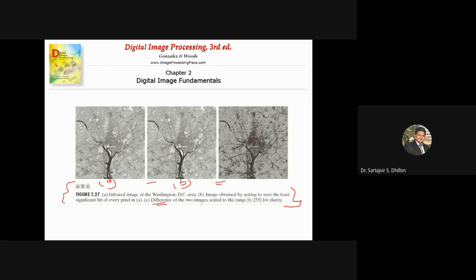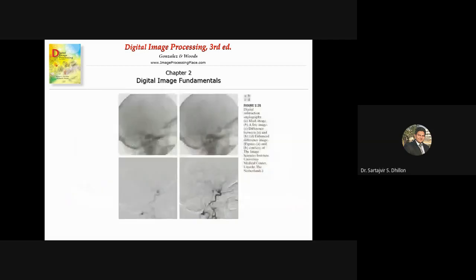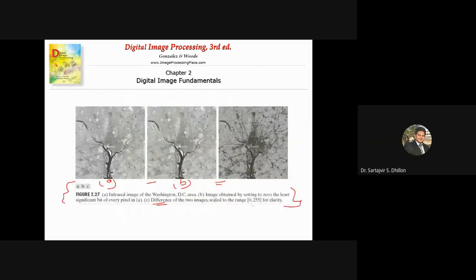In this difference operation, we got an 8-bit output, but you can also reduce it to 0 and 1, a 1-bit image, so that you get better clarity about which is the change area and which is the no-change area.